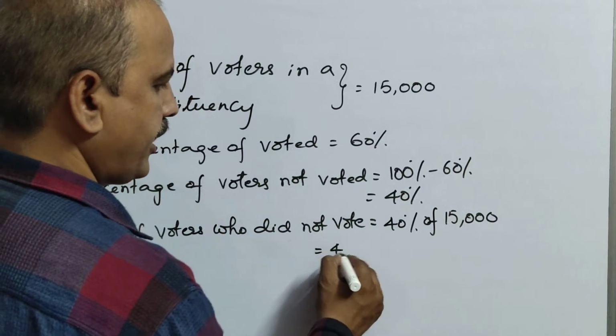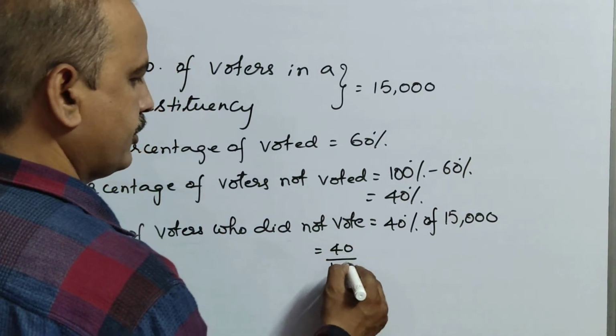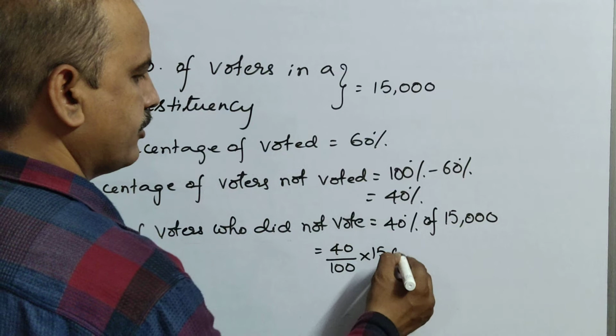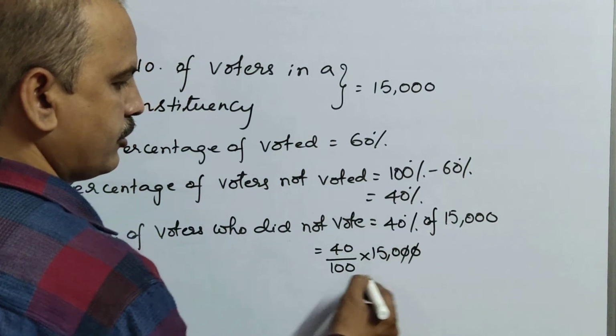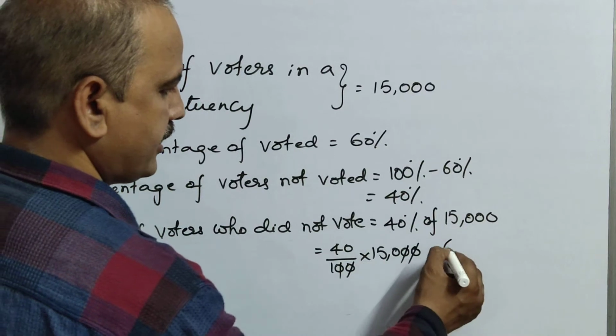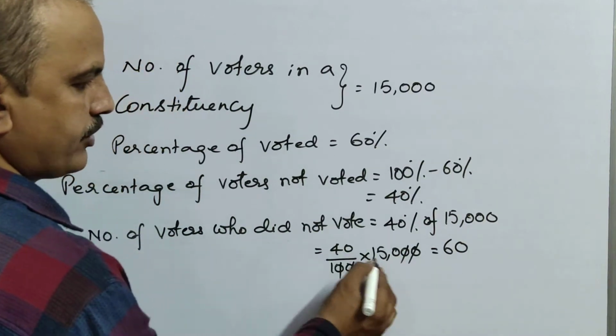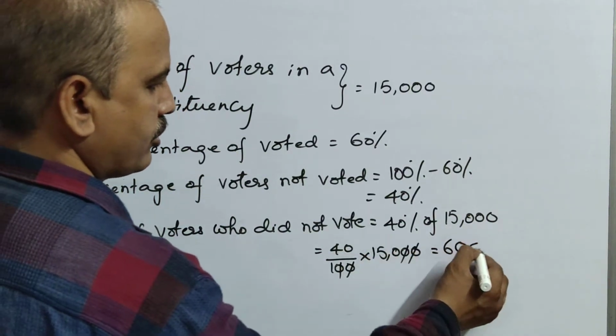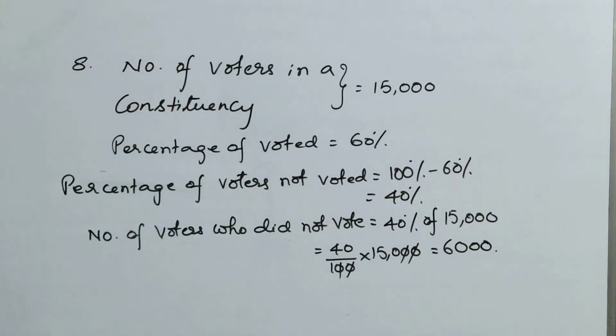So 40 by 100 into 15,000. Cancel the zeros. 15 fours are 60, and 2 zeros are left. So 6,000 voters did not vote. Is it clear? Next question.